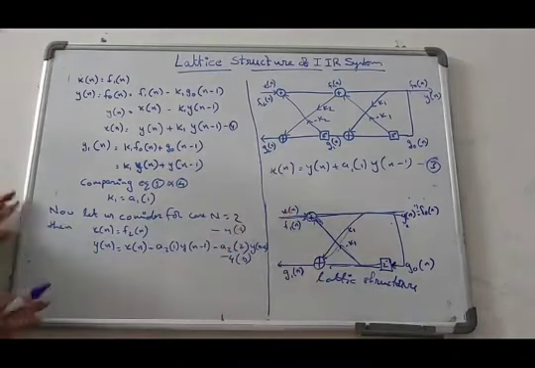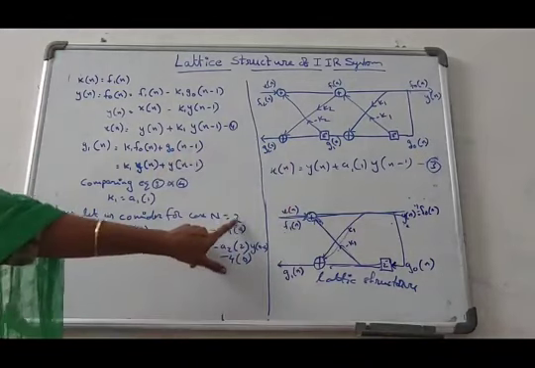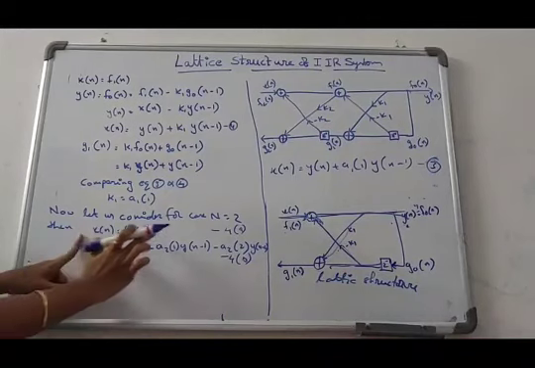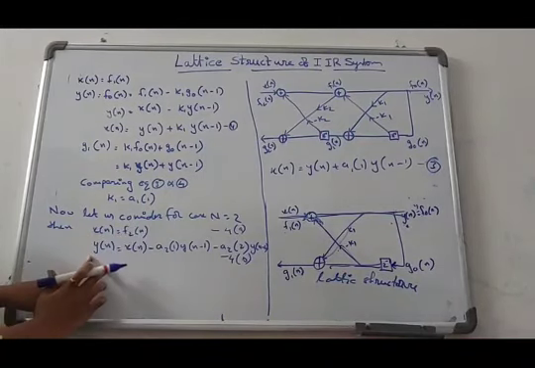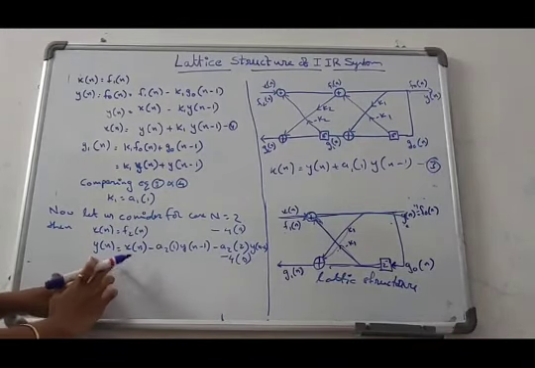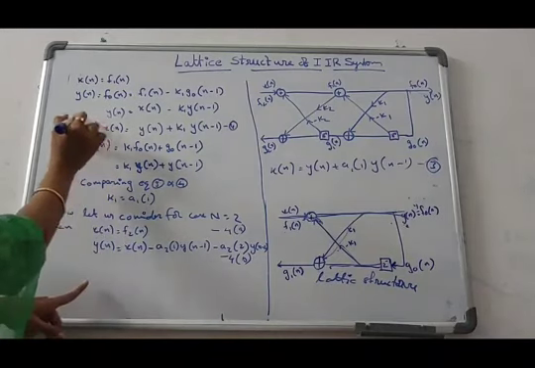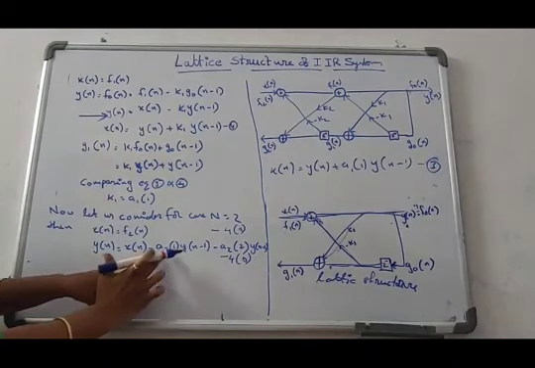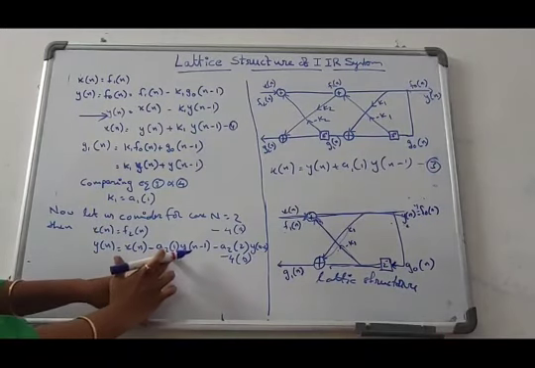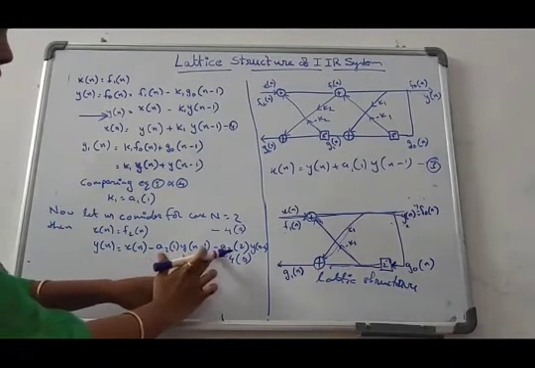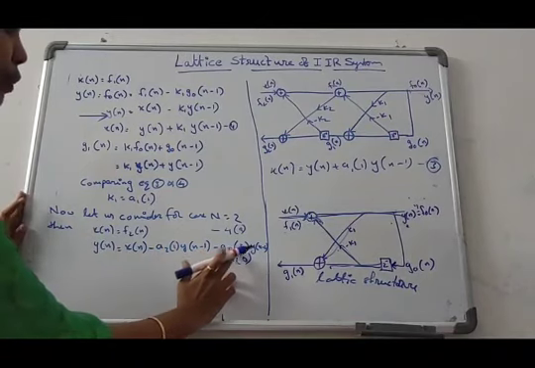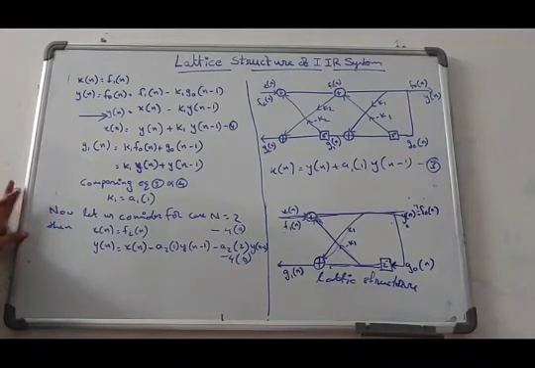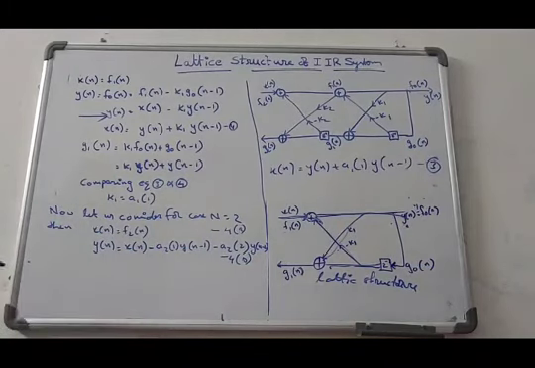If you find out for the second order lattice structure, n is equal to 2. So how to find out? X of n is equal to f2 of n. Y of n, you have to take this equation, y of n is equal to x of n minus a2 of 1 y of n minus 1 minus a2 of 2 y of n minus 2.